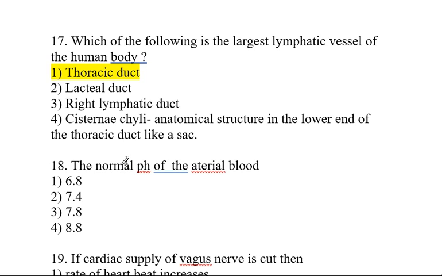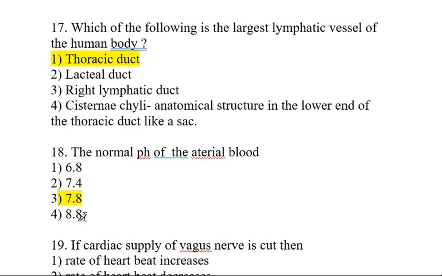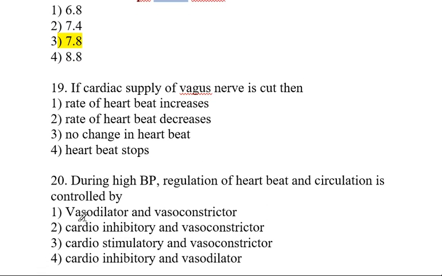The normal pH of the arterial blood is 7.8. If the cardiac supply of the vagus nerve is cut, then the rate of heartbeat increases. Okay.